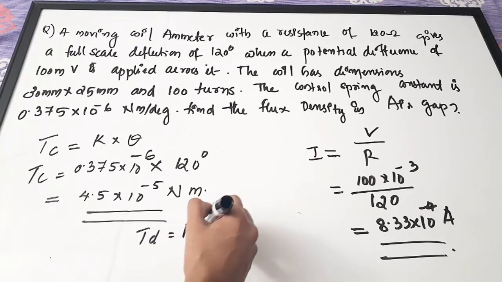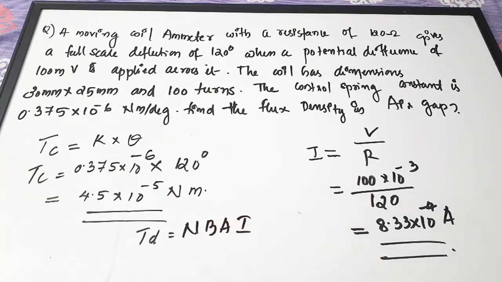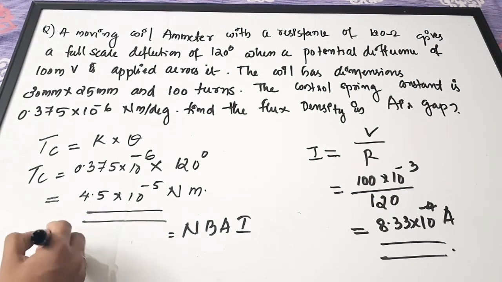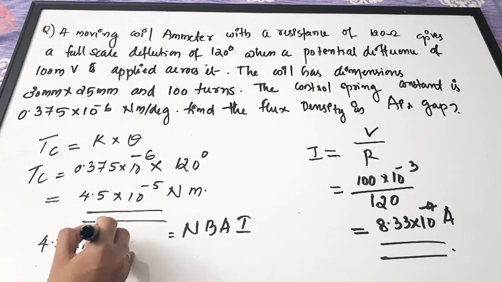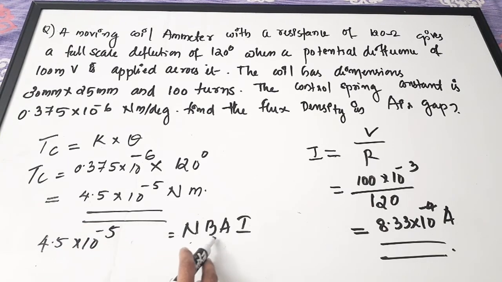It is N into B into A into I. But we don't know the value of the deflecting torque, and the B value is not known to us, but we know that our controlling torque TC is equal to TD. This we have discussed, and we know the value of TC. So we can substitute the TC value here: 4.5 into 10 raised to minus 5 is equal to N into B into A into I. Here we know N, we know A, we know I. So you can find the value of B.